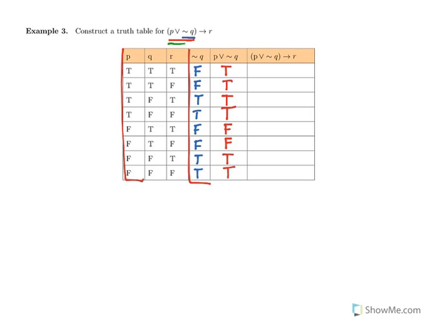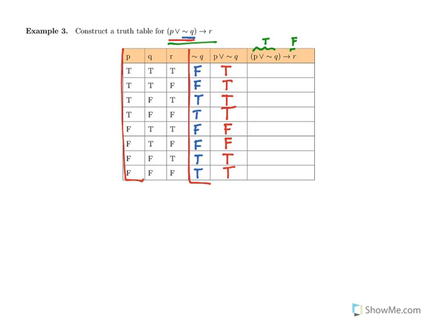And then finally, let's do our conditional. P or not Q implies R. So this is only going to be false if the first part is true and the second part is false, then the whole thing will be false.